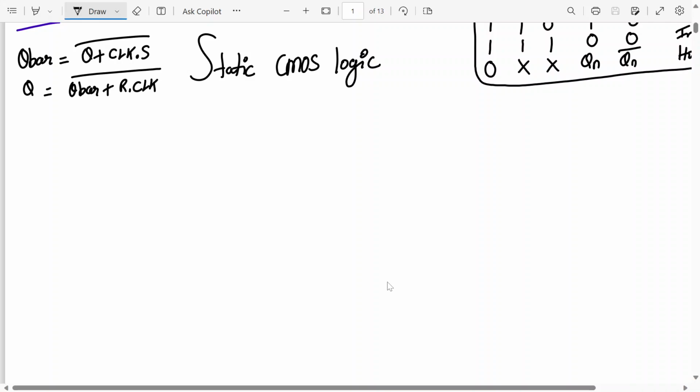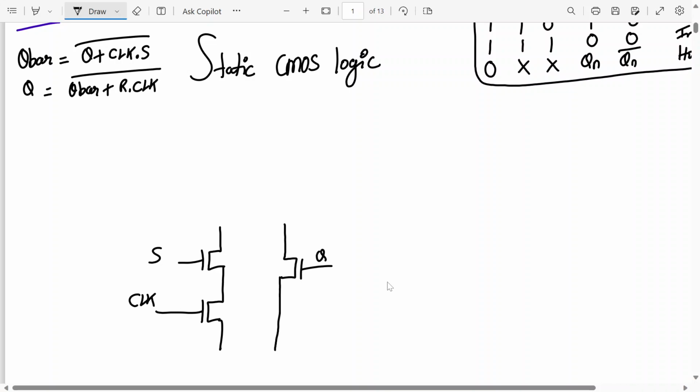Pull down we have an NMOS transistor in parallel to two NMOS transistors in series, right? Yes or no? Yes, sir. So let me draw this. This is S, then this is clock, and in parallel we have Q. This is Q, like this. Pull up network, what will happen?